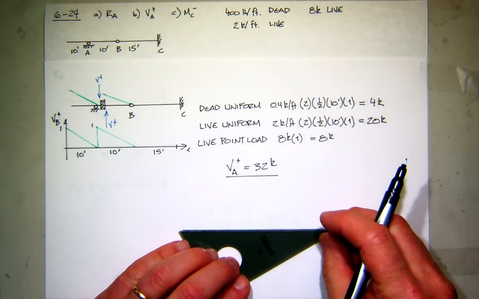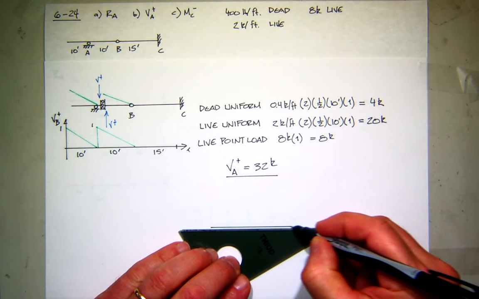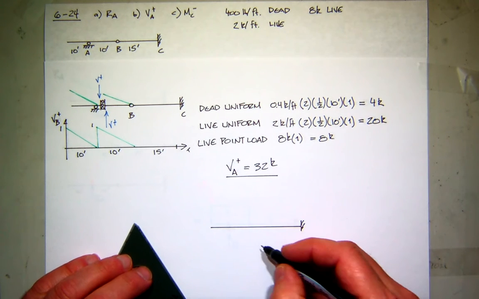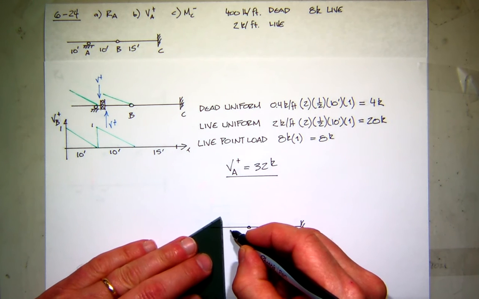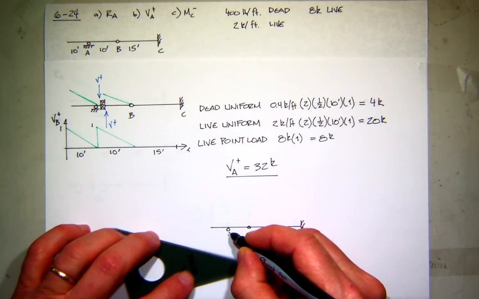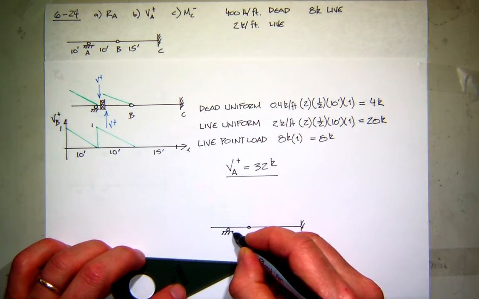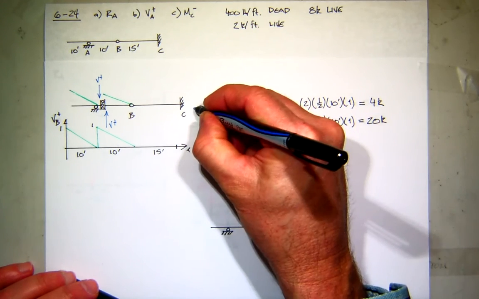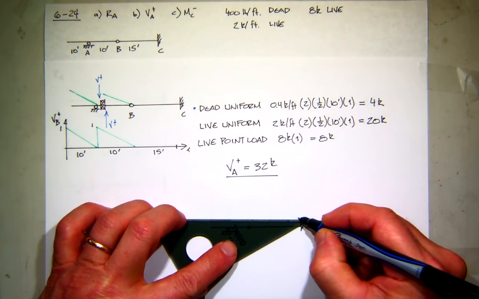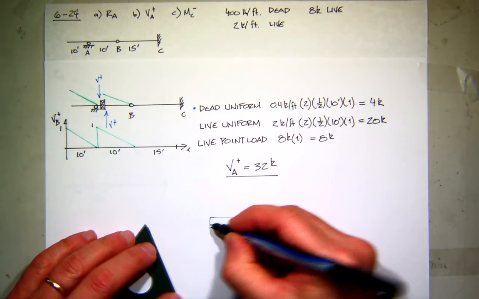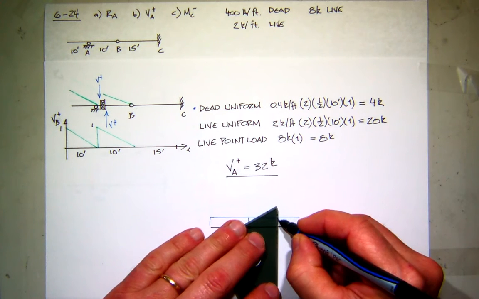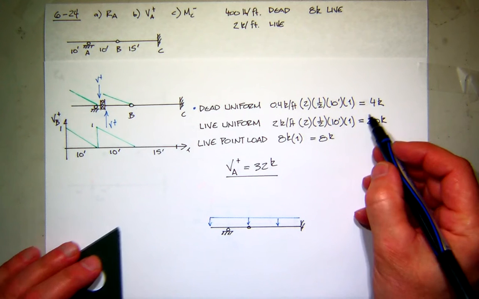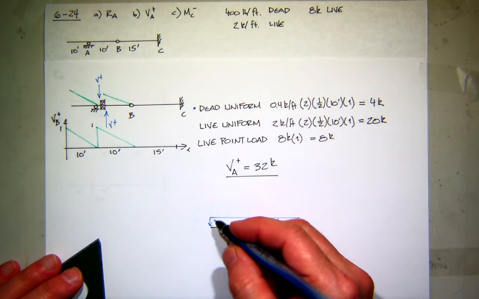And if we look at how that's located, here's my pin and my roller. Just like in the previous problem, my uniform dead load is going to go over the whole structure, and that's going to contribute 4 kips to the shear.